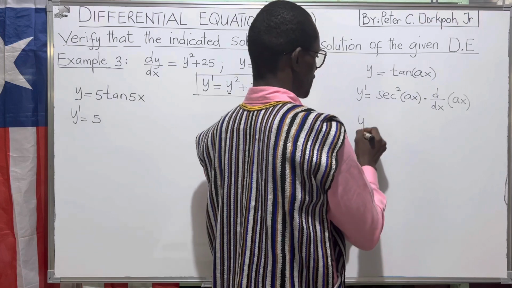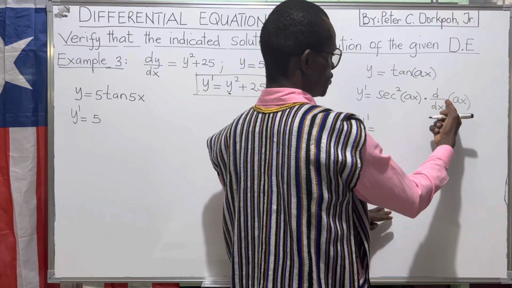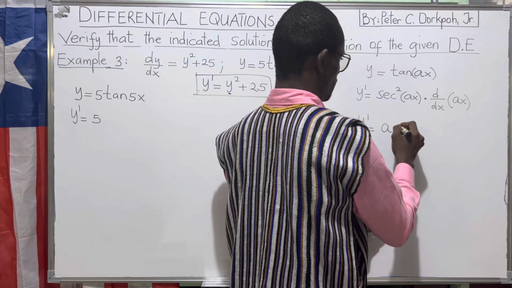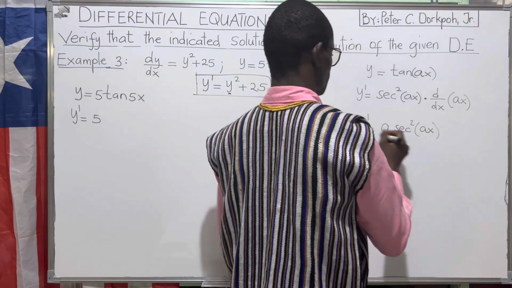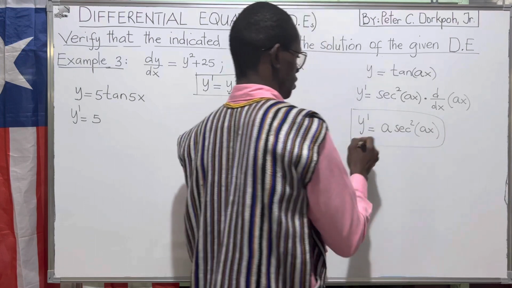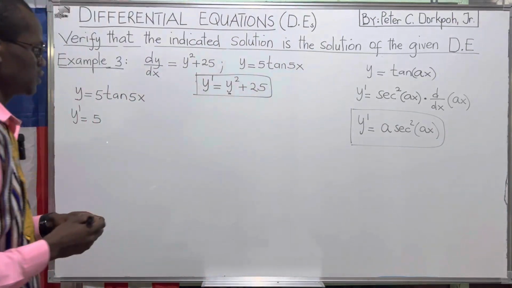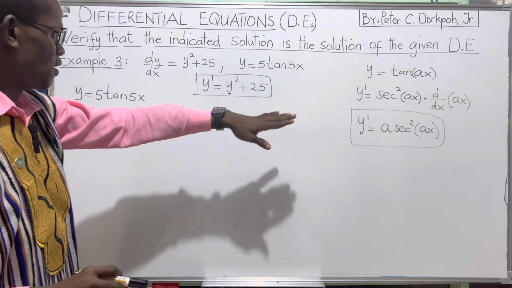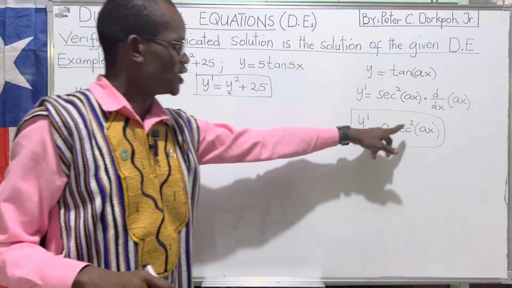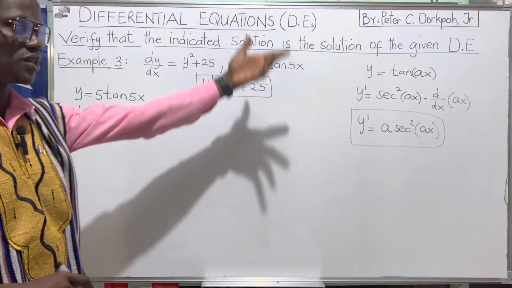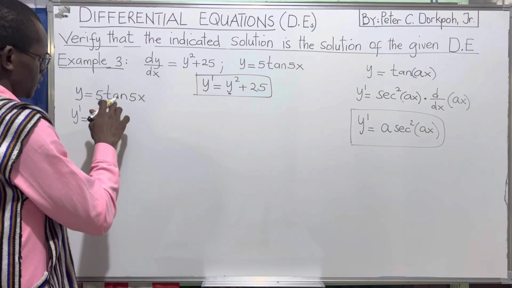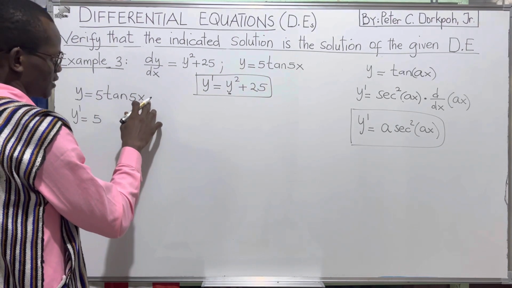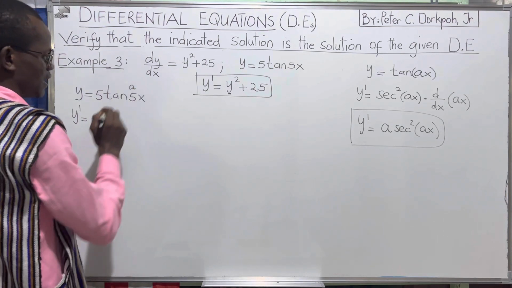In general, the derivative of ax is just a, so y prime is a secant square ax. This is the derivative of tangent of an angle wherein the coefficient of that angle is greater than 1. So we apply the same thing here. Tangent of 5x, so our a now is 5.